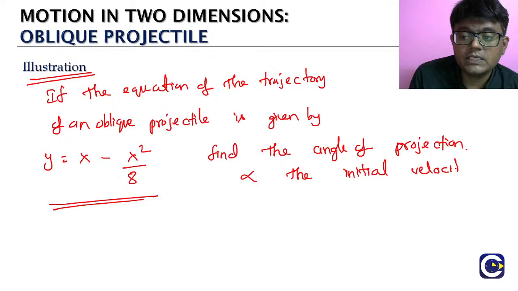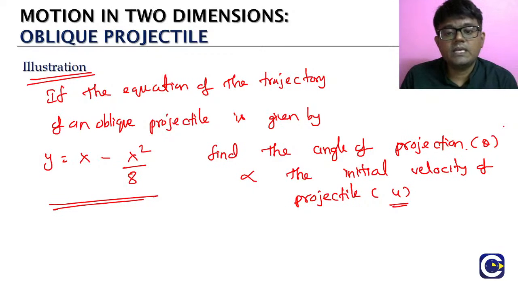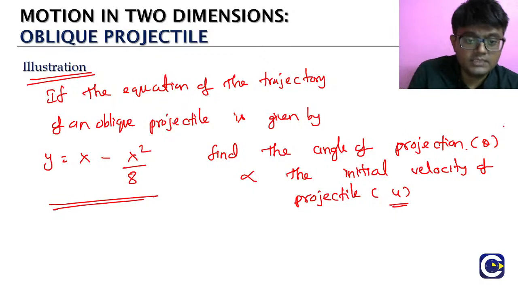Initial velocity of the projectile, you know, is u. So we find theta, and after that u. The given equation is y is equal to x minus x square by 8. This is the kind of question we can expect.